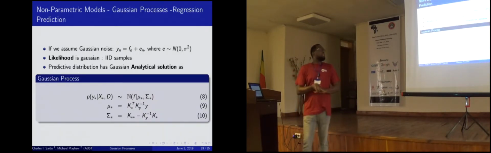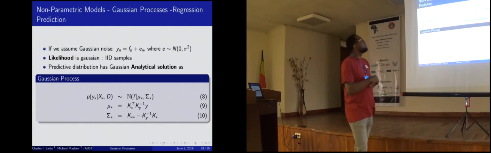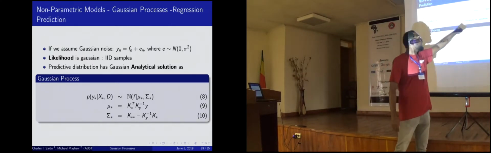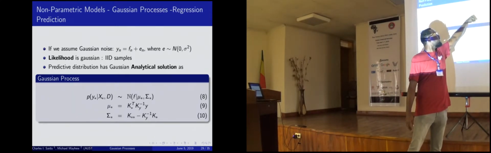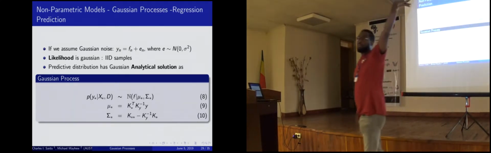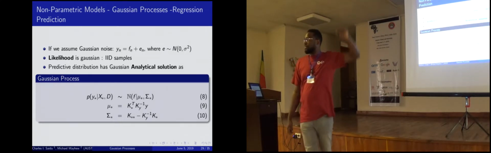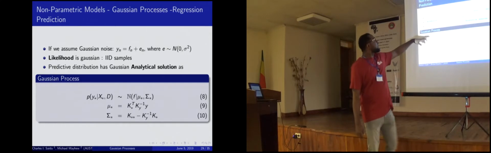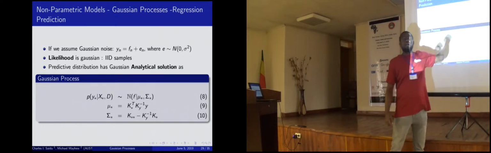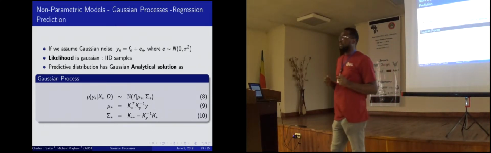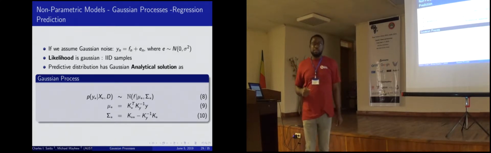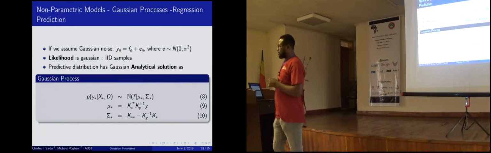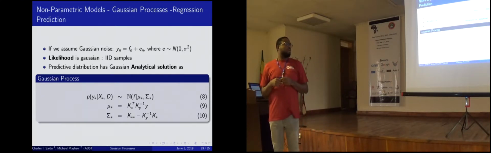Now, if we assume Gaussian noise defined by this model, and we say that our epsilon is normally distributed with zero mean and some sigma squared, and we assume that each of the y's is independent and identically distributed, then we can just do a change of variable.